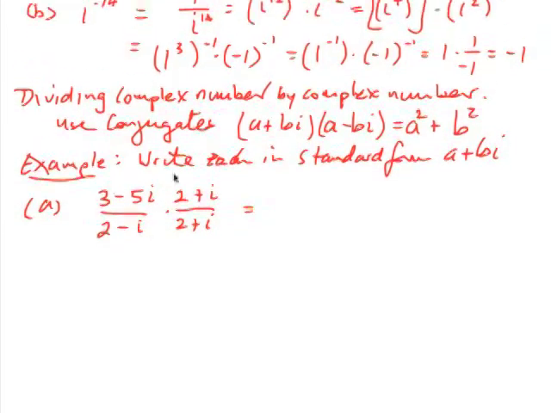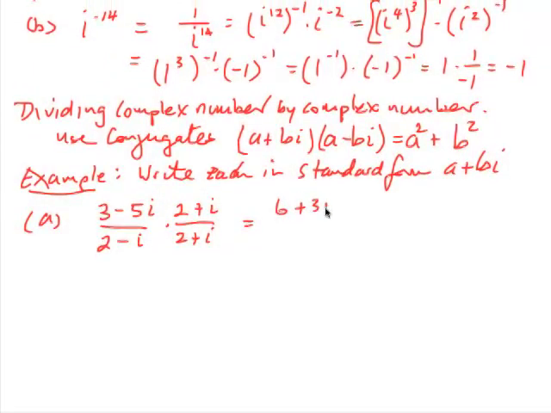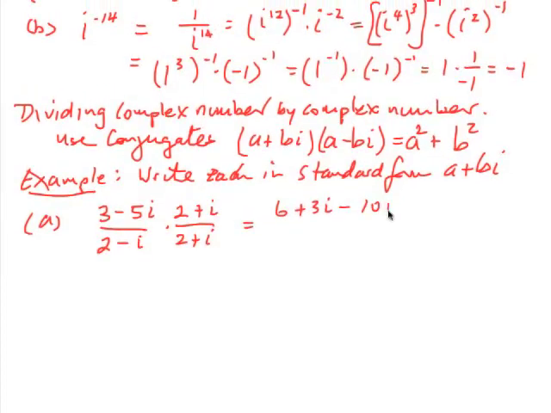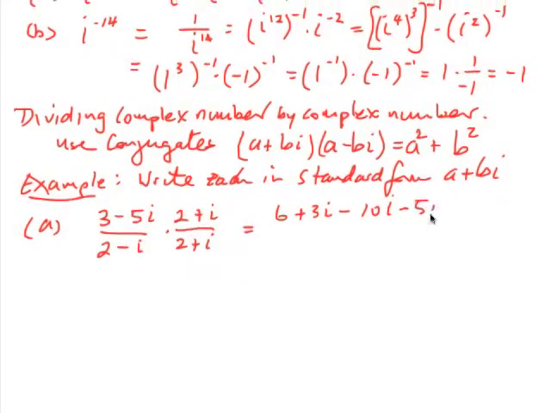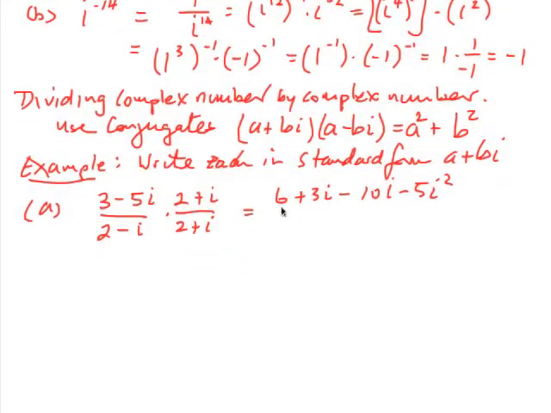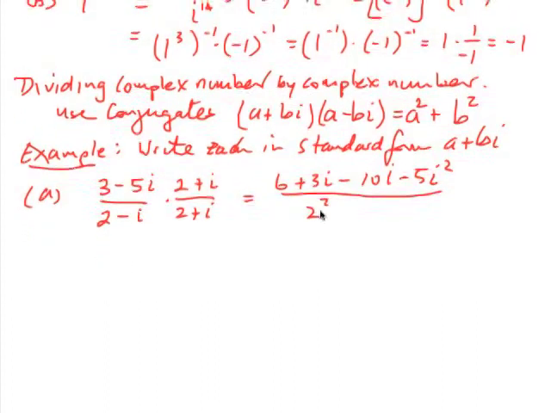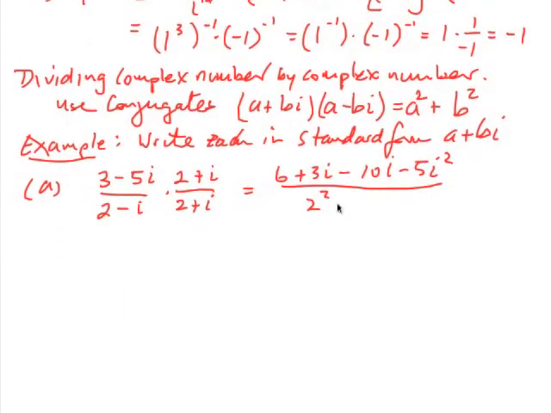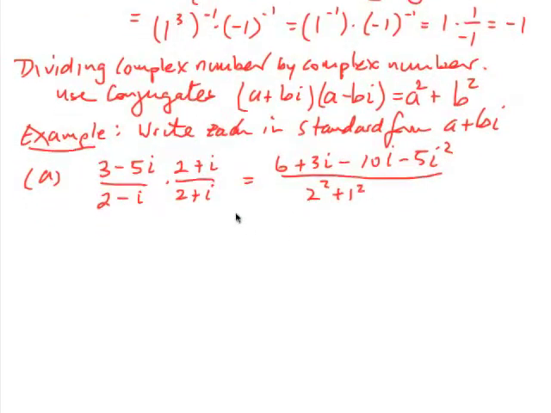Now the top part needs to be FOILed, so we get 3 by 2 is 6, plus 3i when we do the outside ones, minus 10i when we do the inside ones, and it's going to be minus 5i squared, don't forget the i squared, over, using conjugates, this would be 2 squared plus 1 squared, since the number in front of the i is 1.